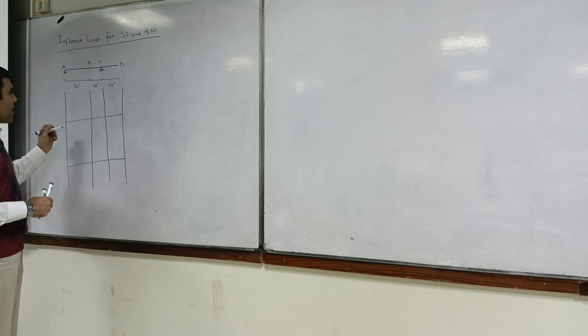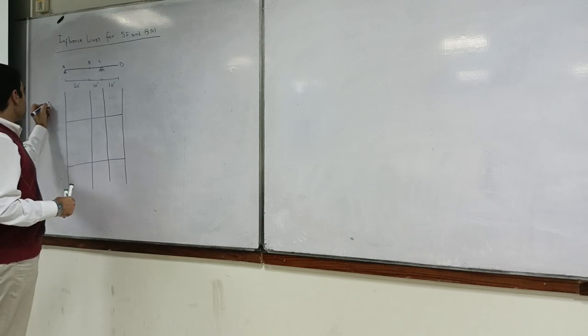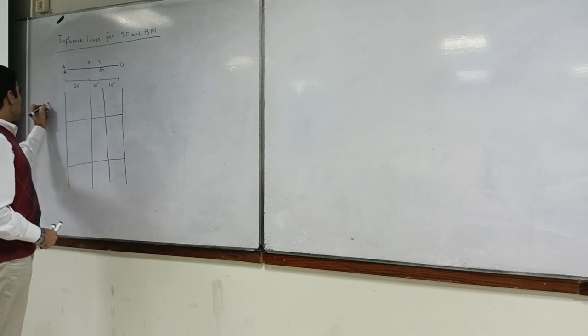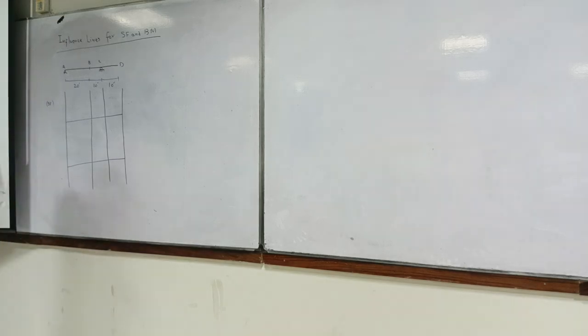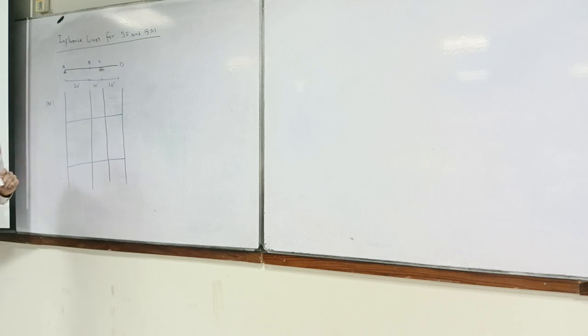Okay, so now for the shear force diagram, what should we do? We should put that gadget over here. First of all, which location would have zero shear? I mean the profile. At the support, this shouldn't move.